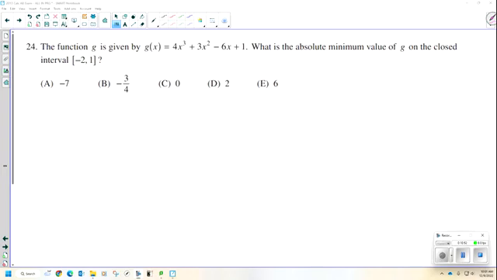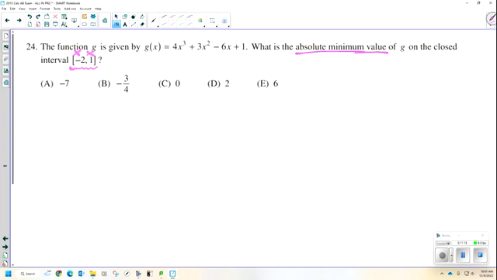Number 24. The function g is given by g of x equals 4x cubed plus 3x squared minus 6x plus 1. What is the absolute minimum value of g on the closed interval from -2 to 1? Okay, I don't care about anything outside this. I just want when x is -2 to when x is 1, and I want to find the low points.